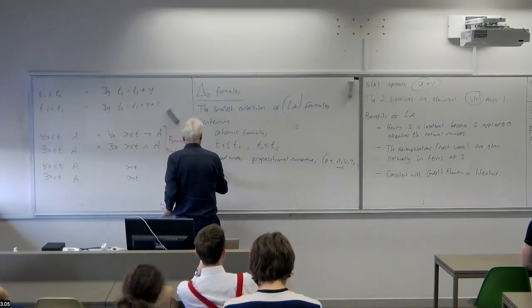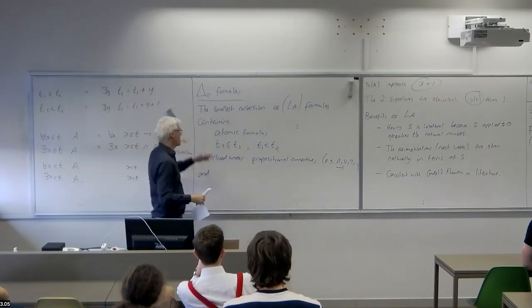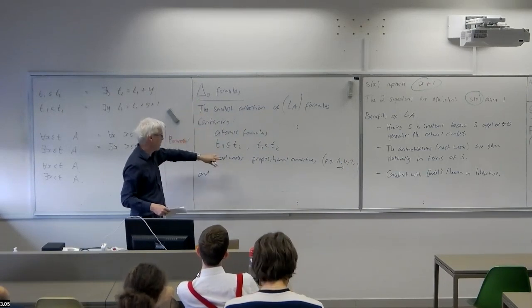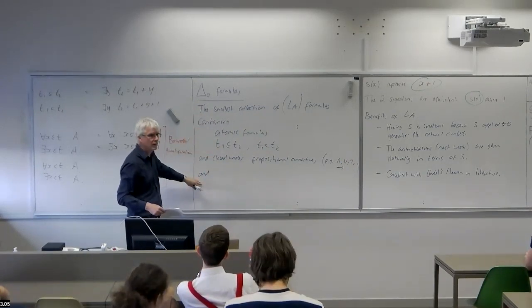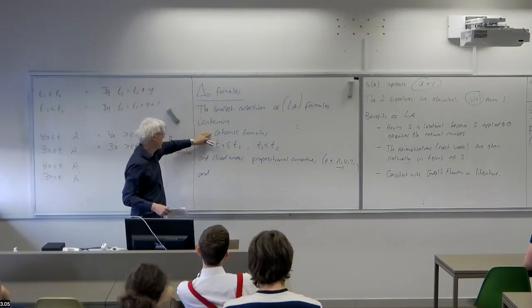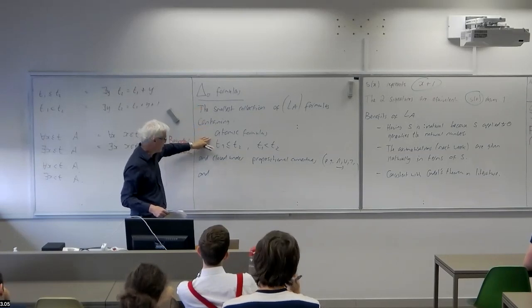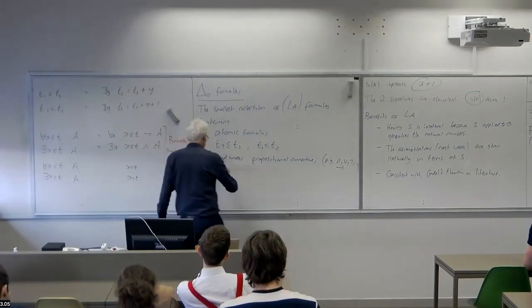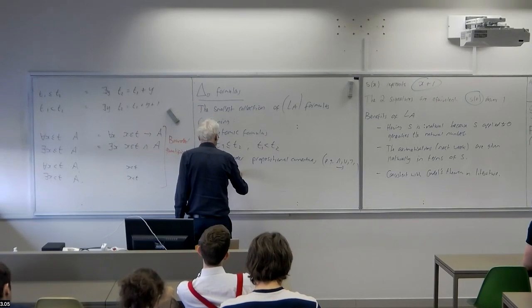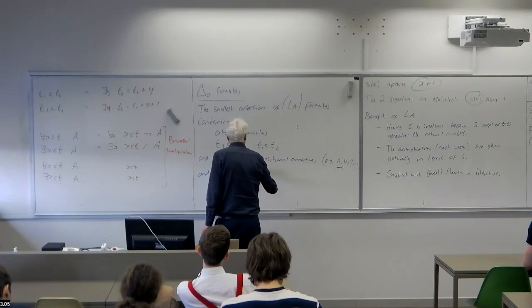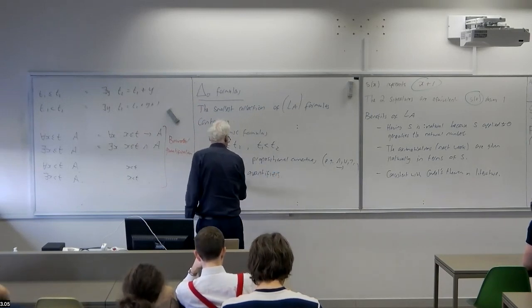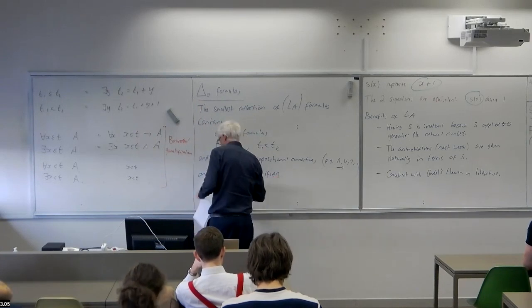And of course, first order formulas are atomic formulas closed under propositional connectives and quantifiers. Here we start off with not just atomic formulas, but also the inequalities, and we close under propositional connectives and bounded quantifiers only. Bounded quantifiers. Okay.